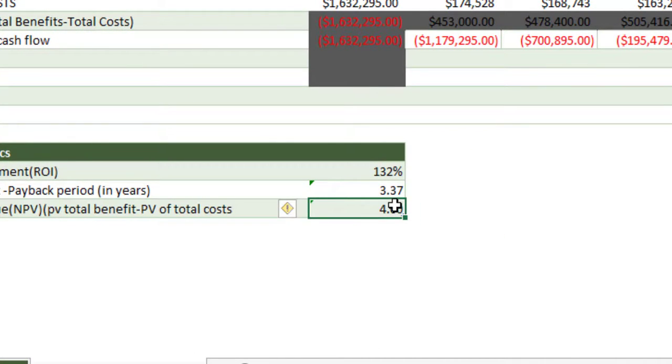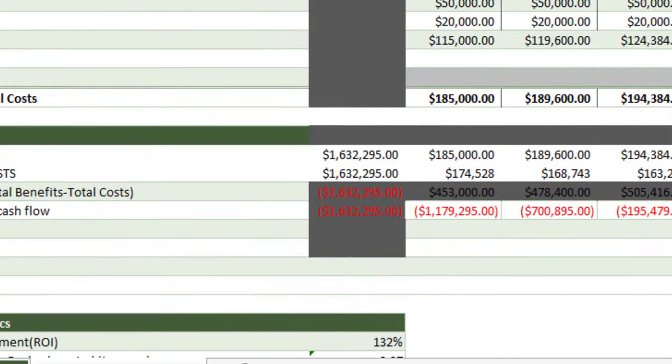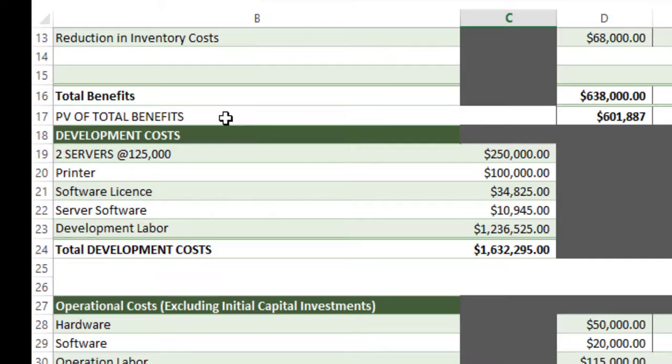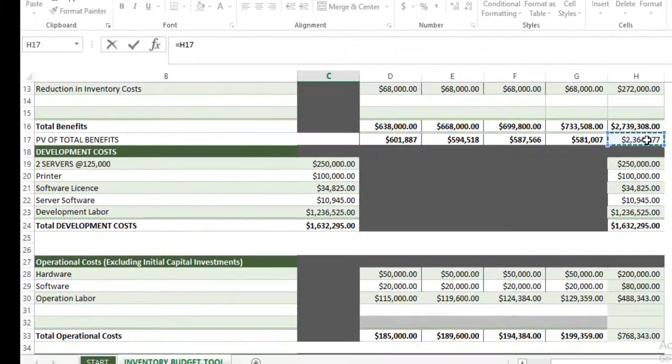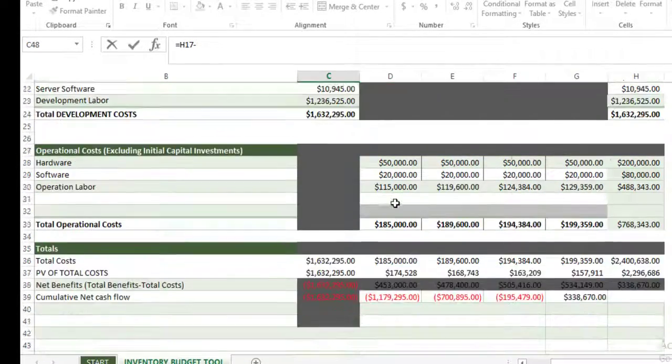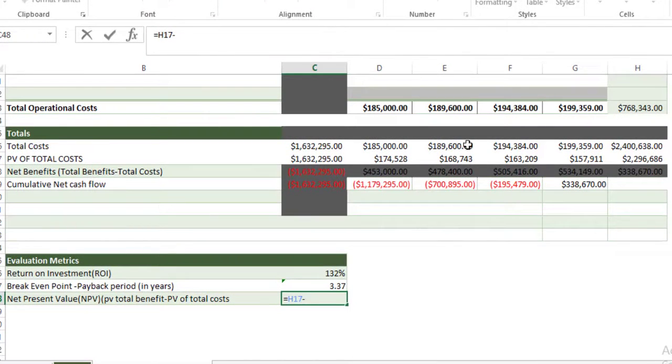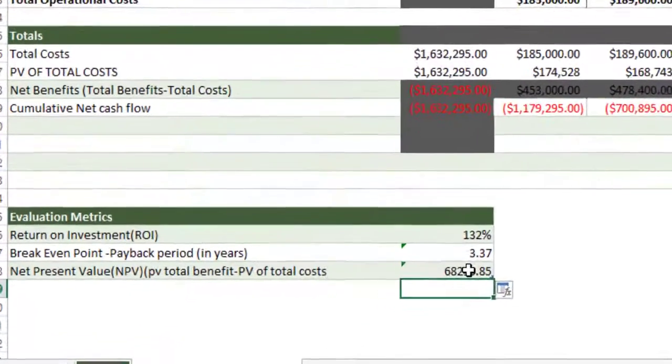So we look for the PV for the total benefit, which is this one, and we subtract the PV of the total costs, which is that one, and we press enter.